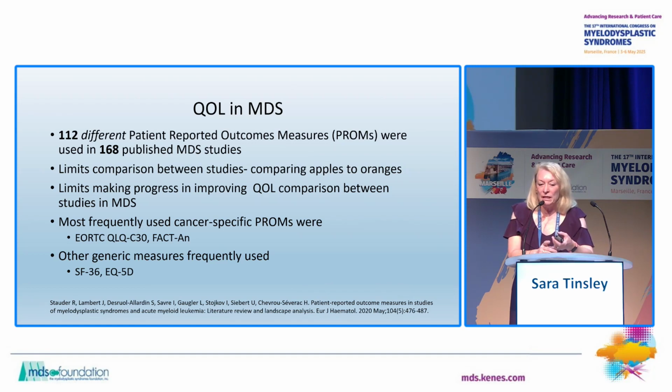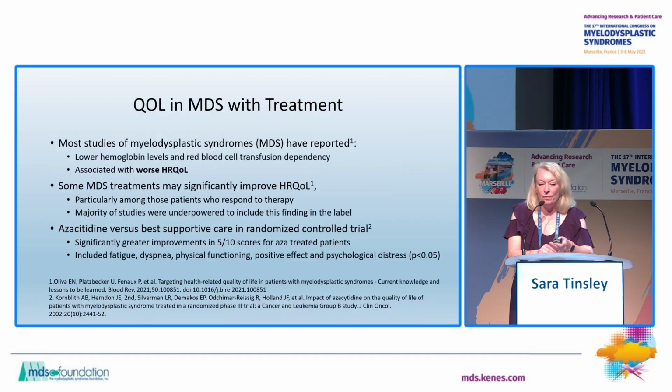So the most frequently used cancer-specific patient-reported outcome measures from this review were the EORTC QLQ-C30 and the FACT-An for anemia. And there were other generic measures, the SF-36 and the EQ-5D.